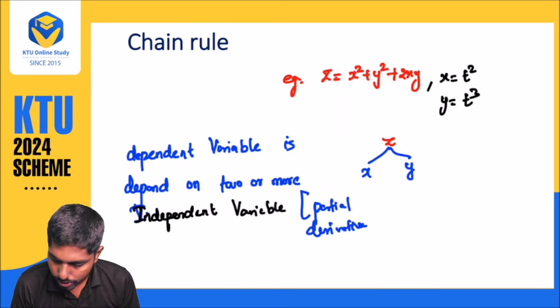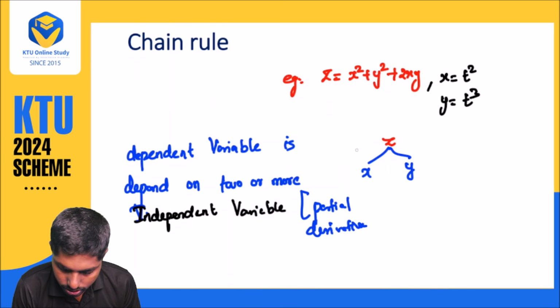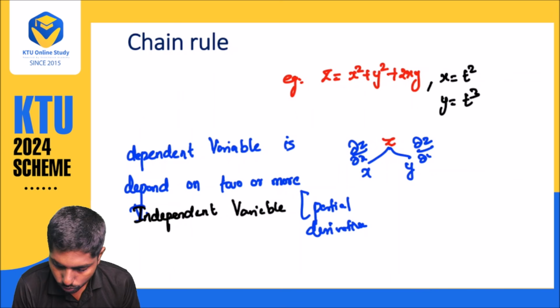So it will be in the symbol of what? We will be saying this is dou z by dou x, and here we will be saying dou z by dou y.